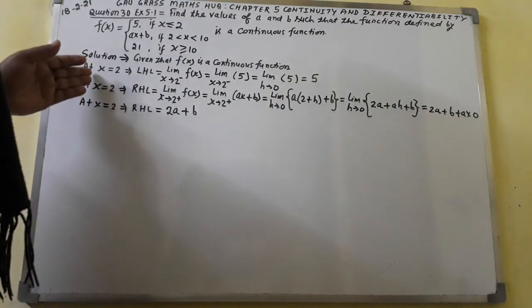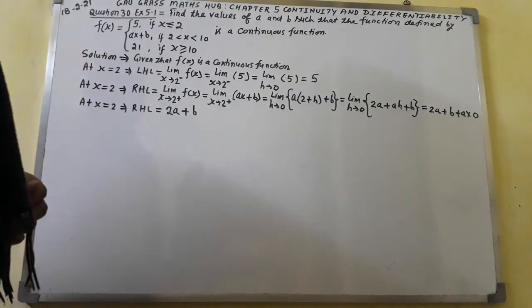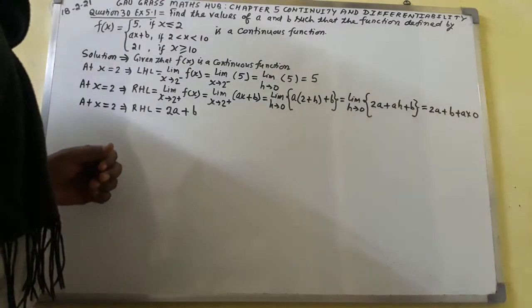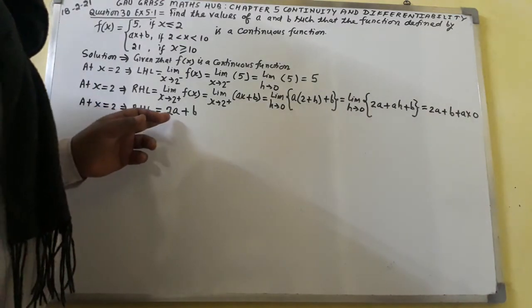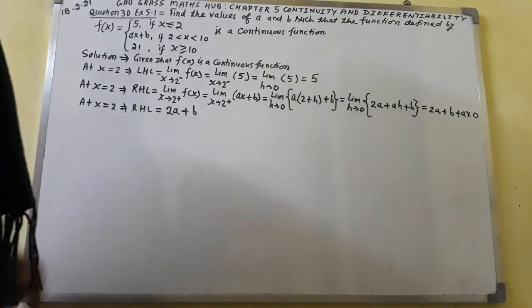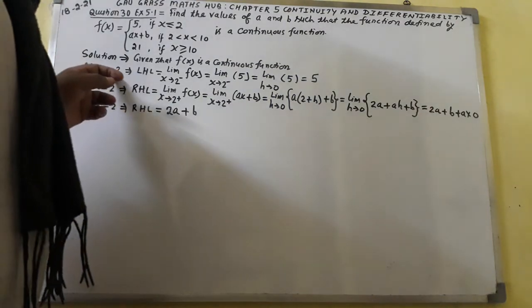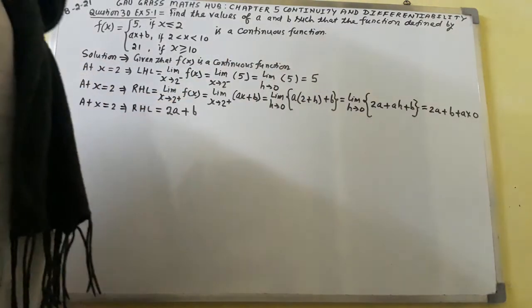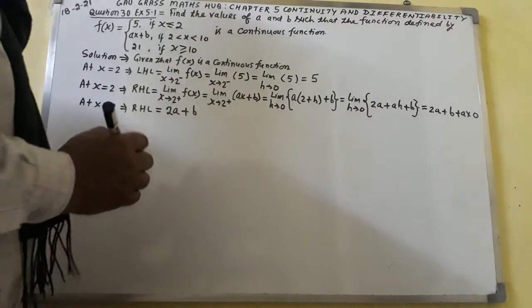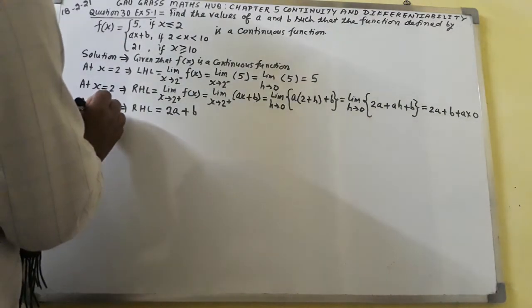At x equal to 2, the right hand limit equals 2a plus b, and the left hand limit equals 5.